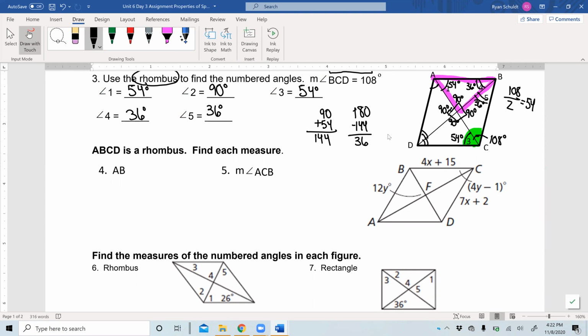Okay, next one. Again, we're dealing with a rhombus. And they ask us to find the different measures. So first, we're asked to find AB. Well, AB is right here.